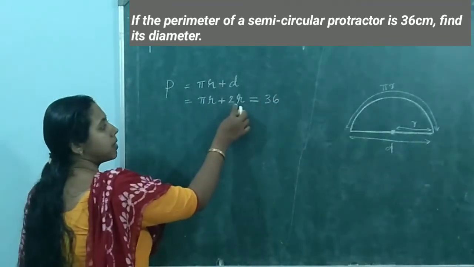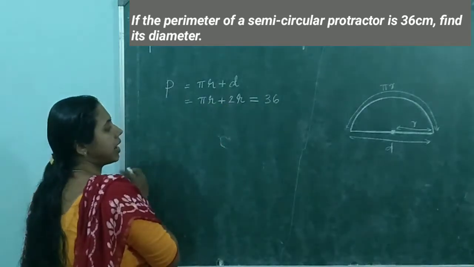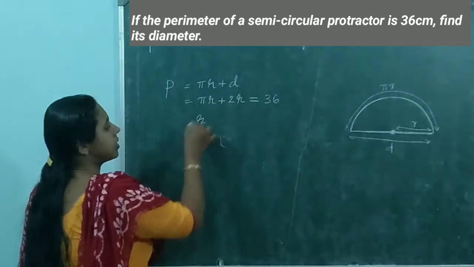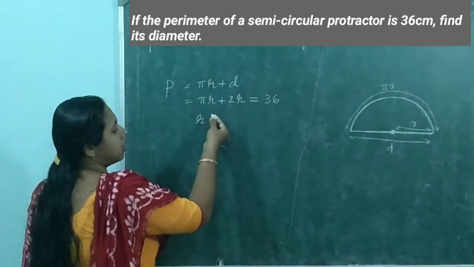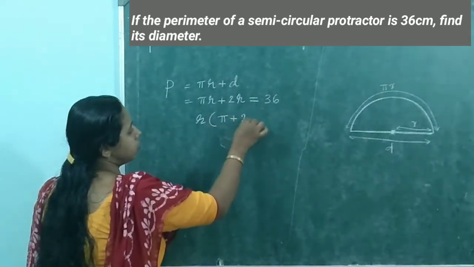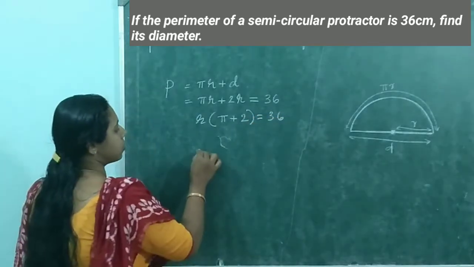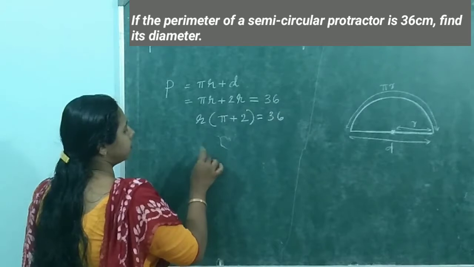So pi r plus 2r. In both the terms r is common, you can take it out. When you take this r out, then inside it will be pi plus 2 is equal to 36.